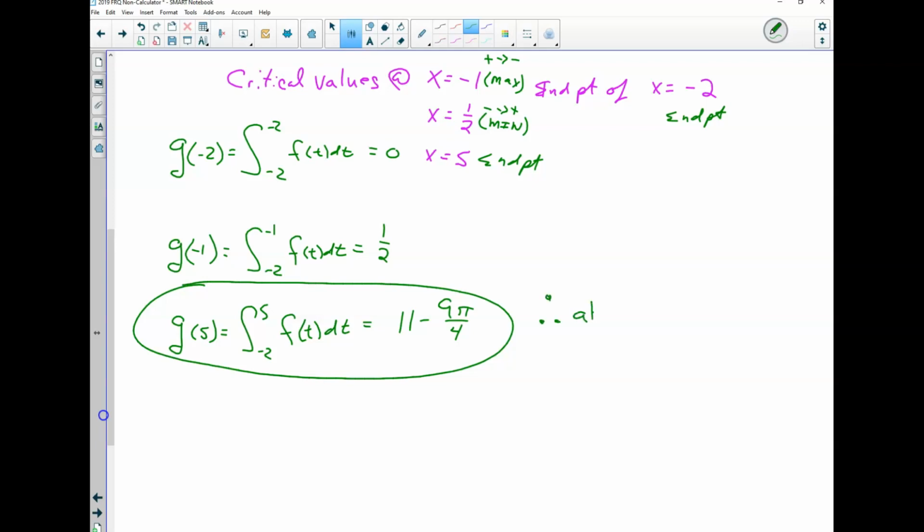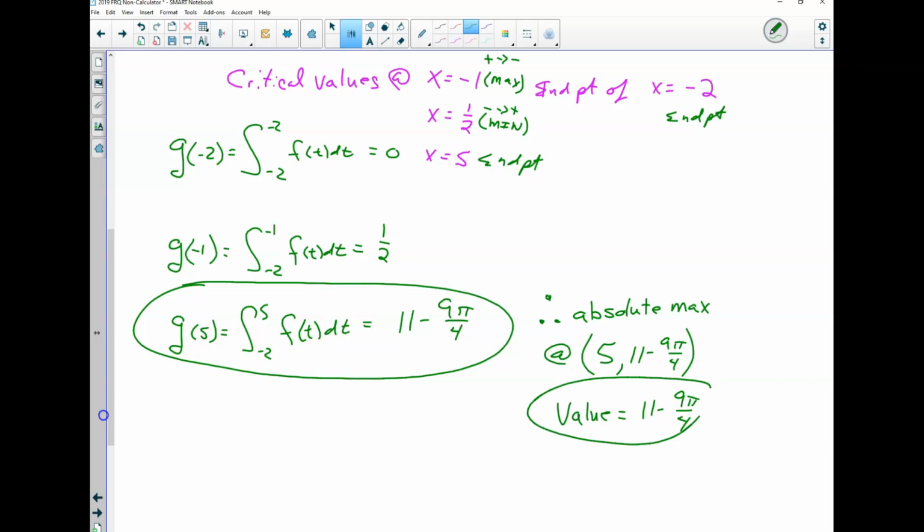Therefore, absolute max at, and I'm going to call it 5, 11 minus 9 pi over 4, which the max value equals 11 minus 9 pi over 4.